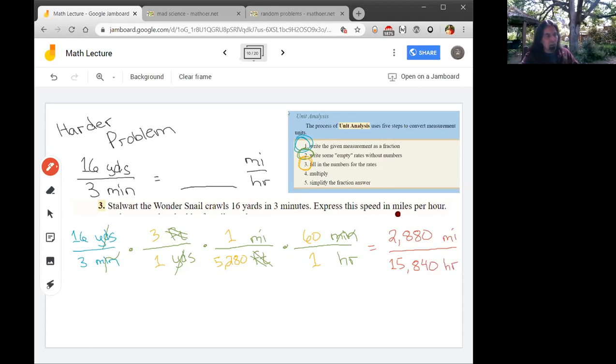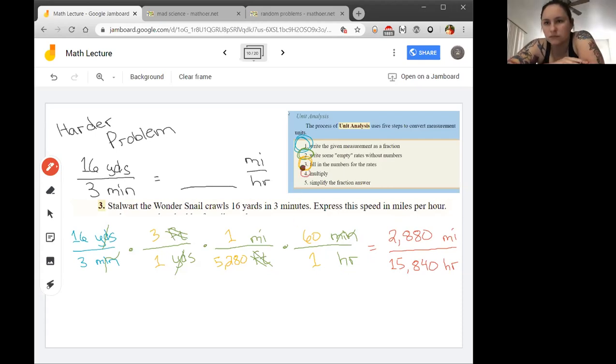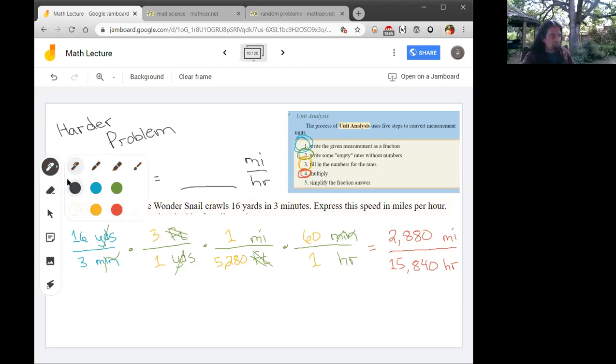Everyone okay that I'm not writing out the multiplication itself? Yeah. And then lastly, I think I've switched colors from last time. Oh well. Simplify the fraction.